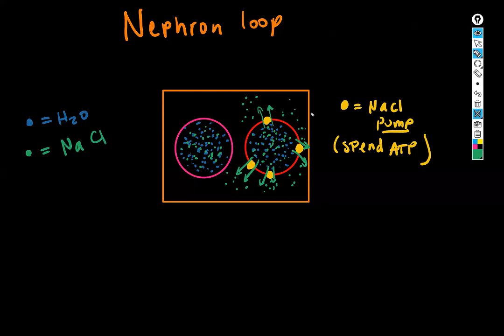And because the pumps are always going as long as they have enough ATP, and I have my box, which is a controlled environment, as long as the pumps are active, we're going to see sodium chloride build up in the interstitial space.